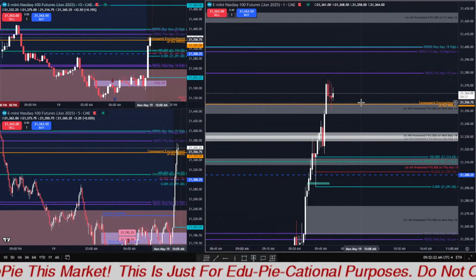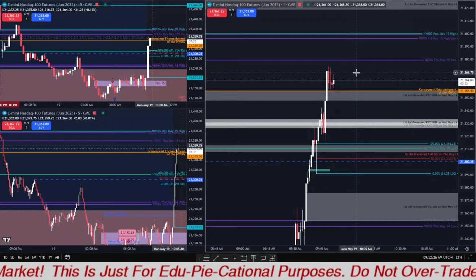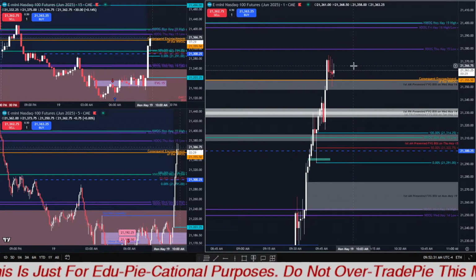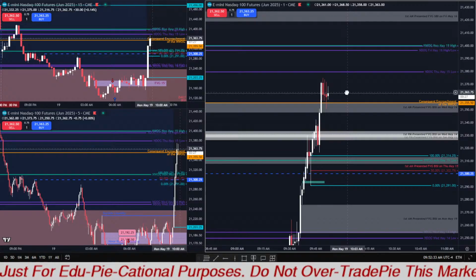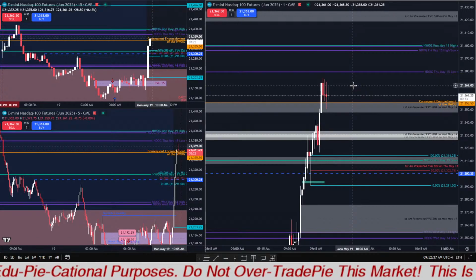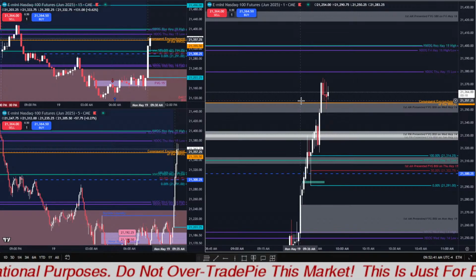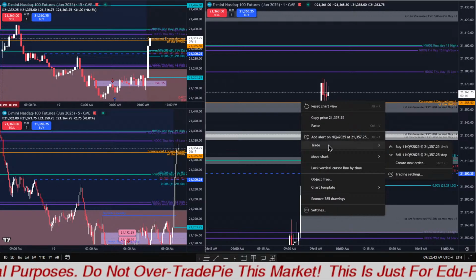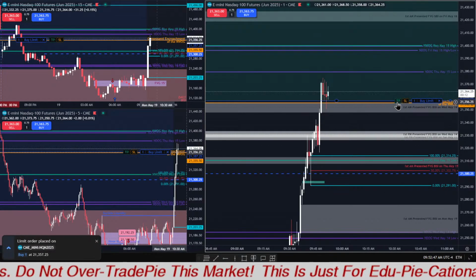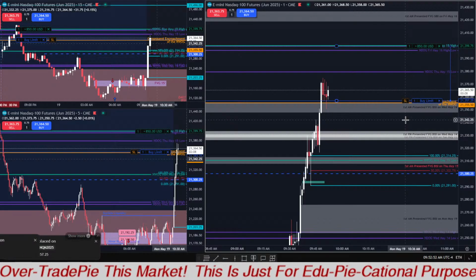We are almost around the midpoint of the new week opening gap. And maybe I place an order over here for going long and targeting the high of the new week opening gap.